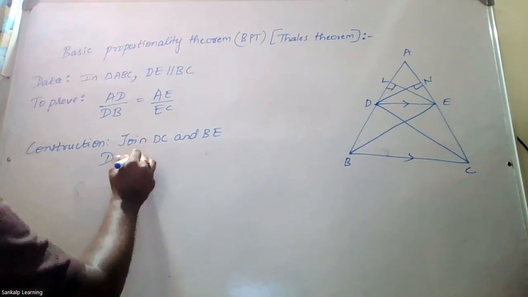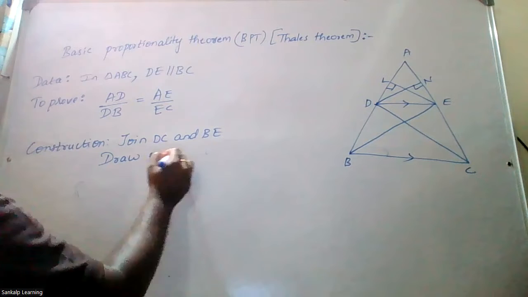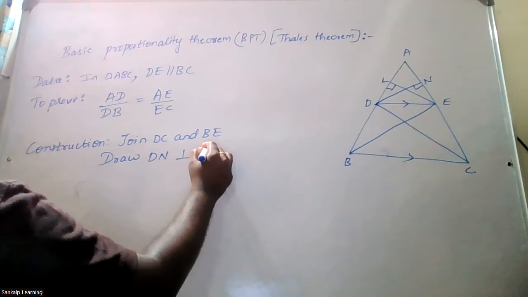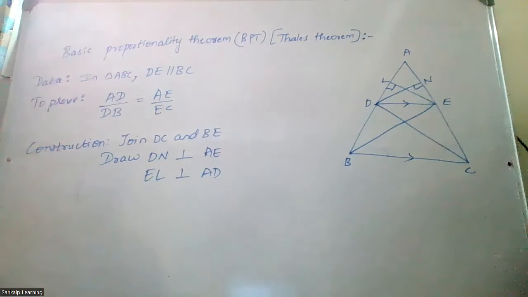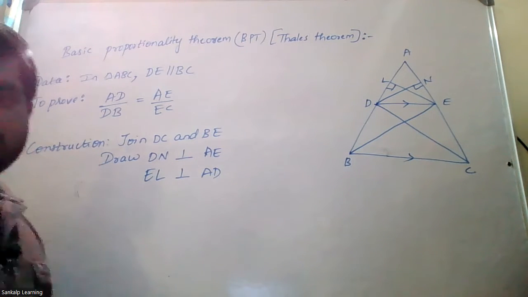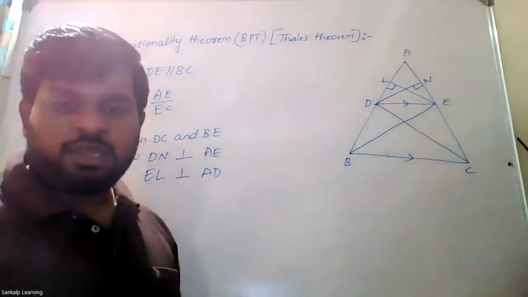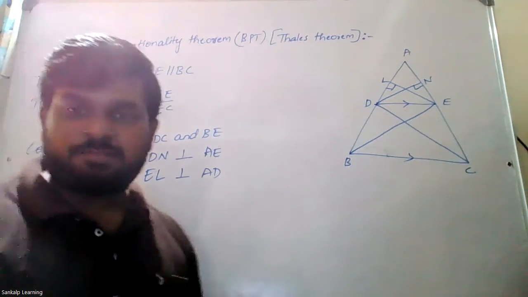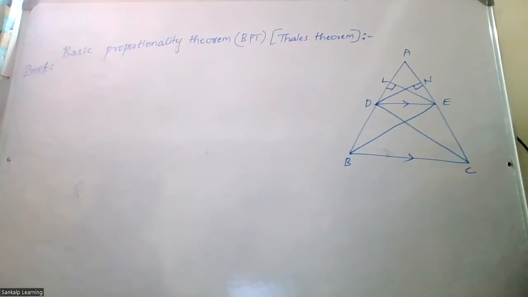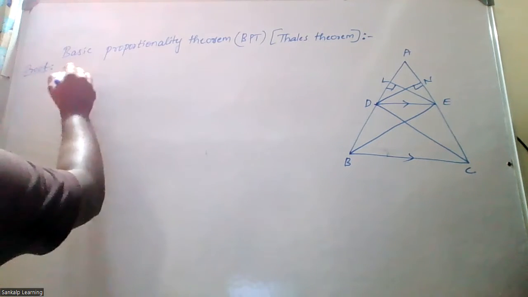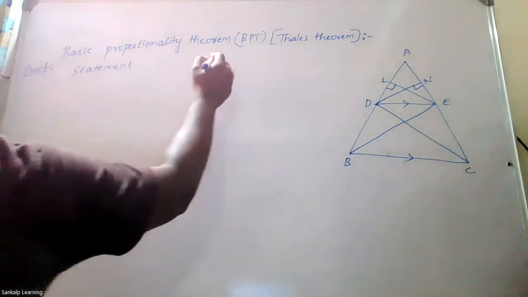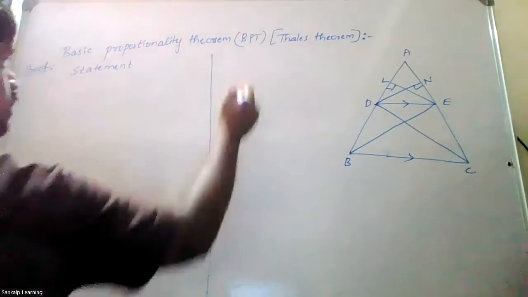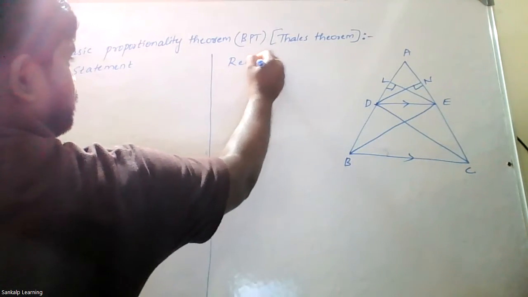Draw DN perpendicular to AE. Similarly, EL perpendicular to AD. Okay. So these are the first few steps. Then let's start with the proof of the theorem. So in the proof, we'll have statement and reason. So let's start. We have got in the proof, we have statement and the reason. What is the statement that I'm using and what is the reason for that statement?